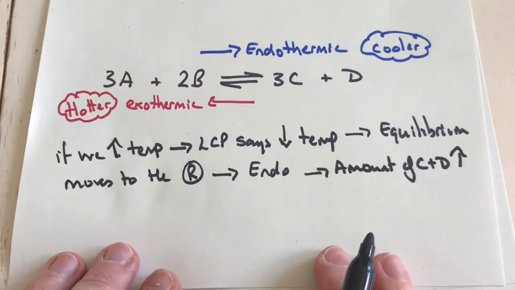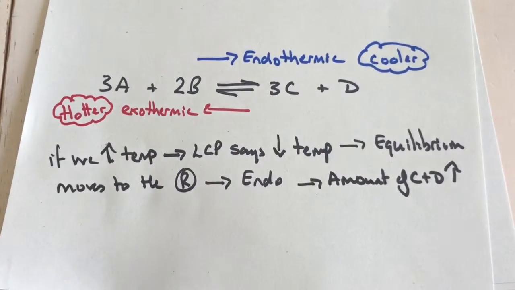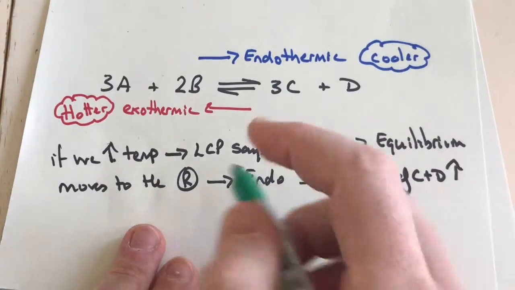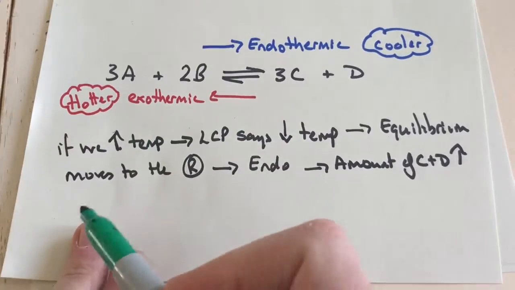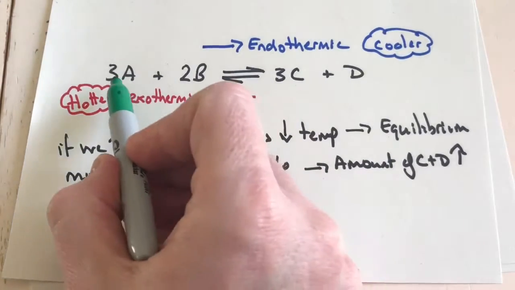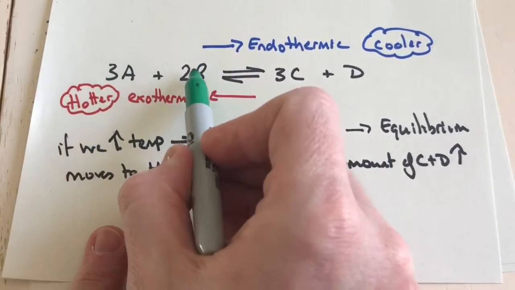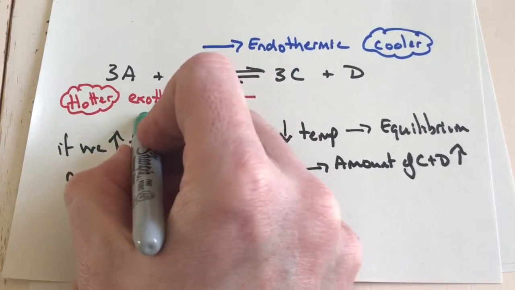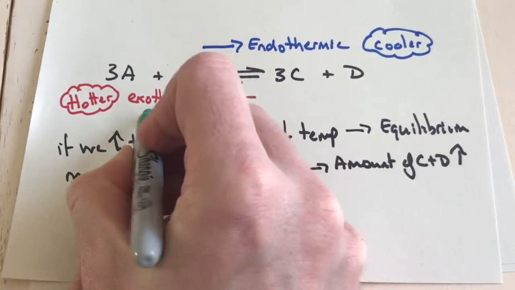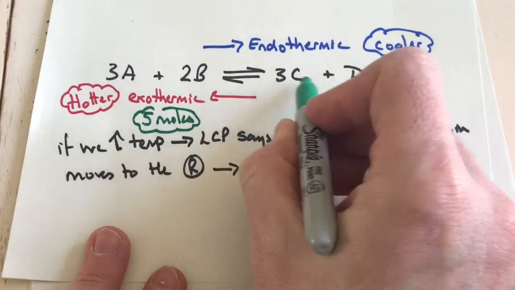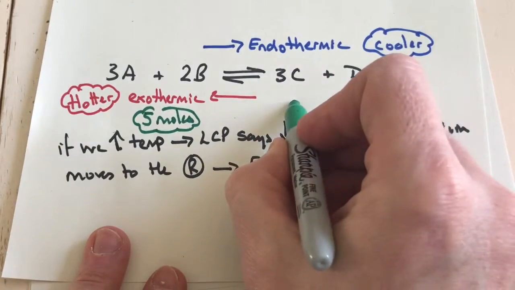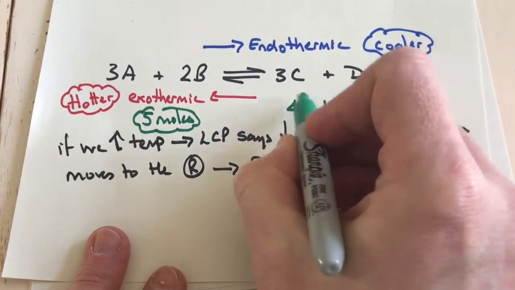Let's look at pressure, because we can also change the pressure. Before we get into pressure, on this side there are 3 moles of A and 2 moles of B, which gives 5 moles altogether. On this side we've got 3 of C and 1 of D, 4 moles.